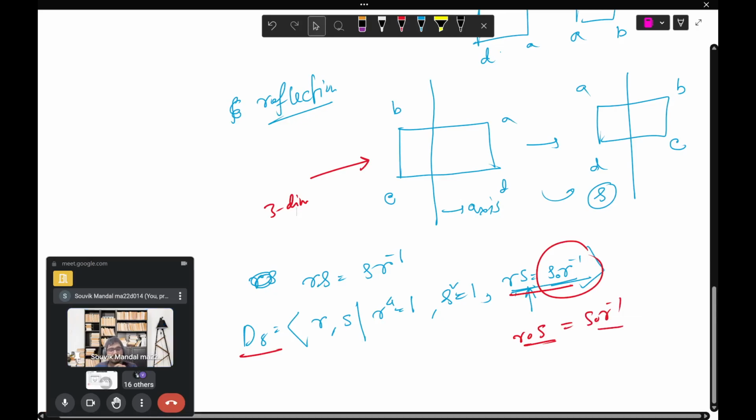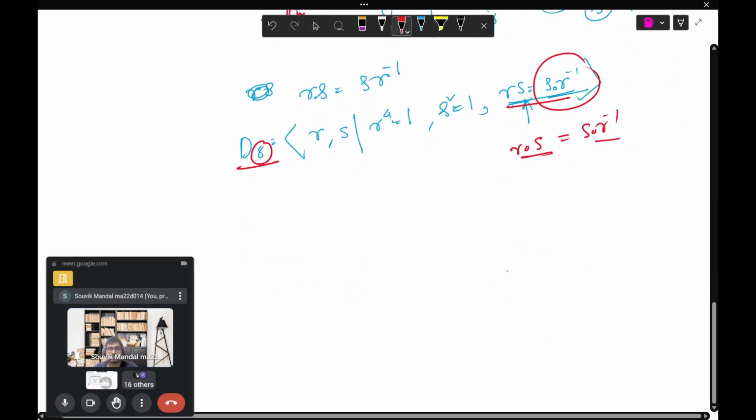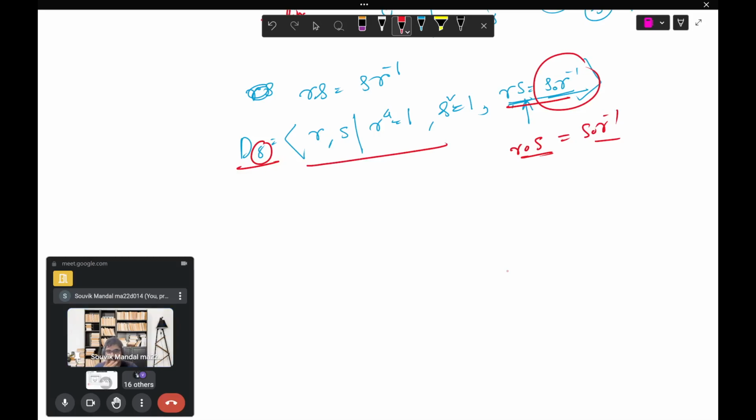When we write D8 in this set form, that it is generated by two elements R and S with these relations, if I write only two relations, R to the power 4 and S squared equal to identity, and the third relation I don't write, then the set will consist of more elements, but that's not a problem, right?